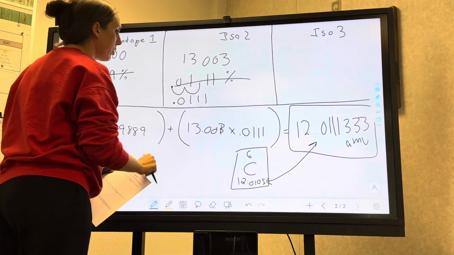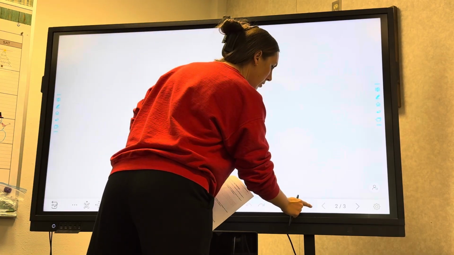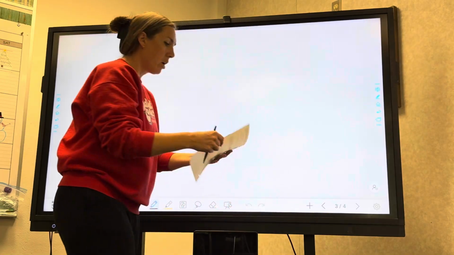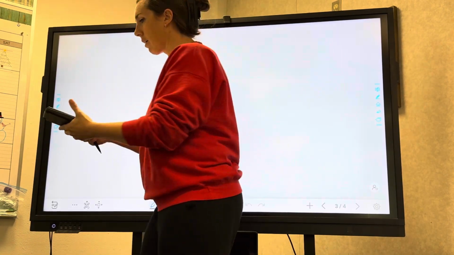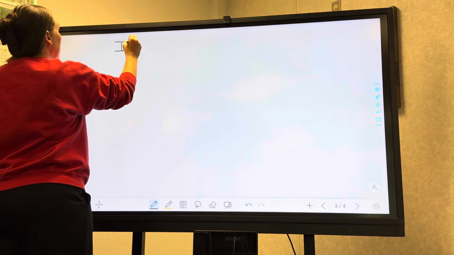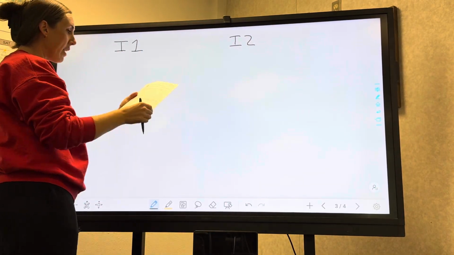Let's do question number 2. Okay, so question number 2 also gives us 2 isotopes. I'm going to do the same thing. I've got isotope number 1 info, isotope number 2 info. So ready?